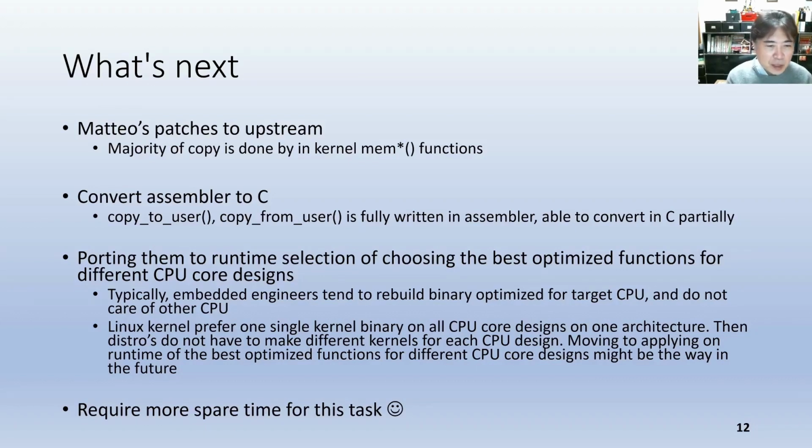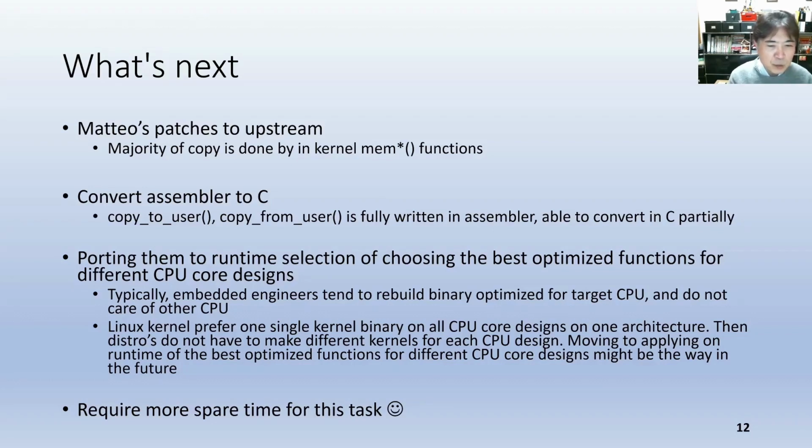Another thing we need to consider when optimizing functions, for example the copy function inside the kernel: there are only a few places where two or three function optimizations could dramatically change the performance of the kernel.